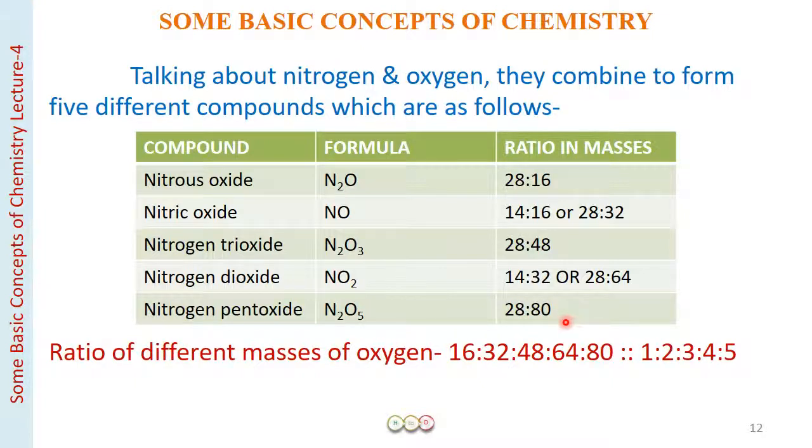So all nitrogen is fixed at 28 grams. And now you see the ratio of oxygen is 16:32:48:64:80, which in simple terms is 1:2:3:4:5. And this is the law of multiple proportions.